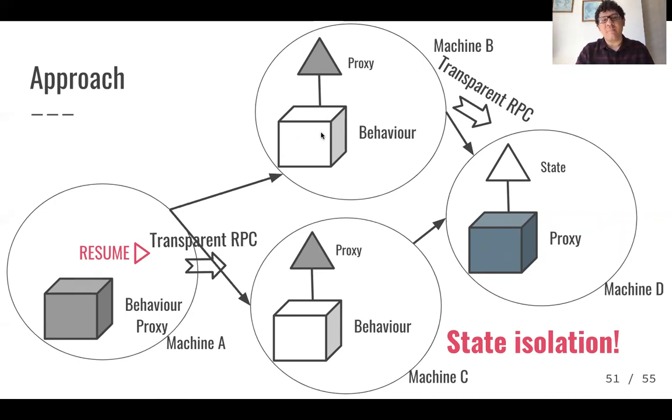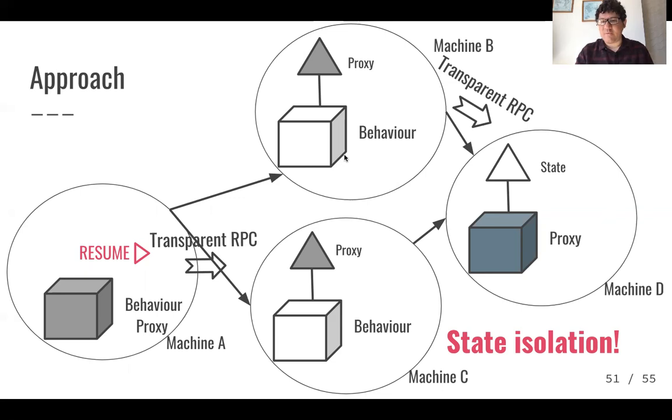But then if the method wants to change the state, what ends up happening is that it tries to change into the proxy, but then that gets transparently rerouted to the actual place where the state is located, where the state will actually be changed, right? So a function that was supposed to execute here gets rerouted and executed here, and the state gets changed over here. So then you can create as many replicas as you want.